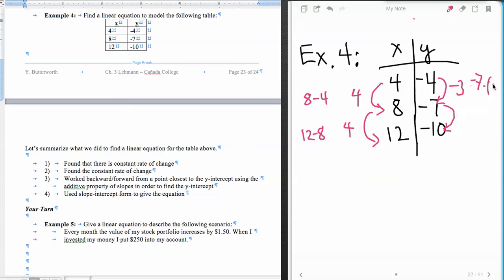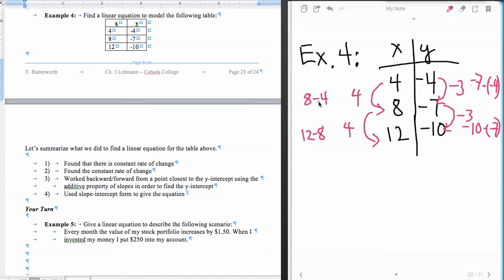That way, we're doing the same thing. And you'll notice that that's just the difference quotient, right? Doing individual differences here and here. And from here, it's negative 10 minus negative 7, which again gives us our negative 3.